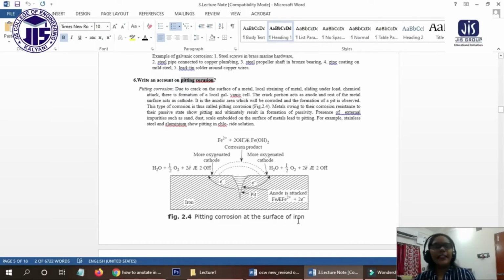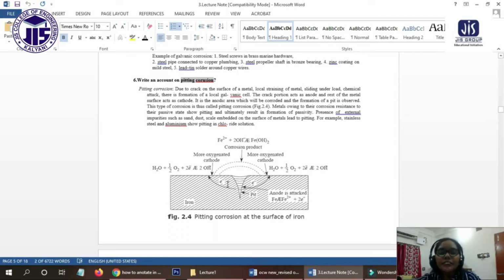Generally we can see, if we have a metal rod, and on this metal surface we have one droplet of water, what will happen after so many days if the water remains in that position? After some time, below the water layer, the metal surface will be corroded. This type of corrosion is called pitting corrosion. You can see this is the metal surface.